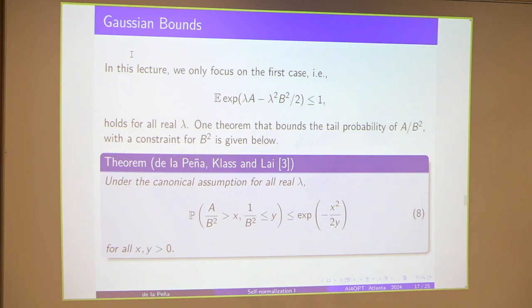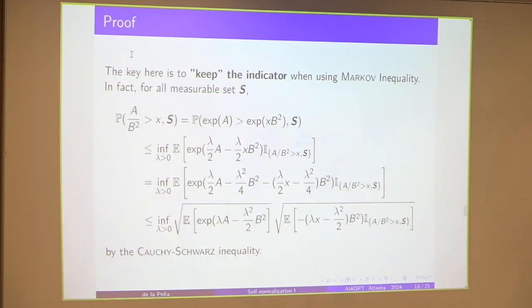And it has been used widely. So the key to prove the inequality, I'm going to give you a full proof so that you get a sense as to how to prove self-normalized inequalities. So suppose that you have S, a measurable set. Then the probability, so here I'm going to teach you how to do better than Markov's inequality.